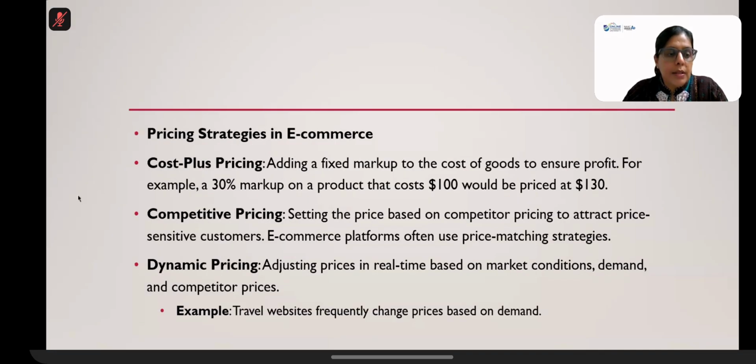Okay, so the different pricing strategies that can be used in an e-commerce business include cost plus pricing, adding a fixed markup to the cost of goods to ensure profit. For example, with a 30% markup, if the cost is 100 and your profit is 30, you can sell this product for 130.